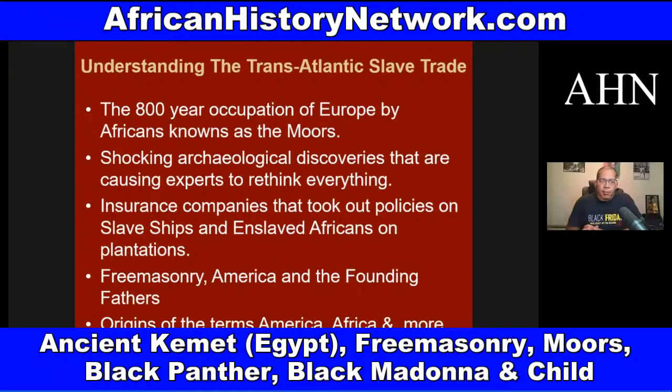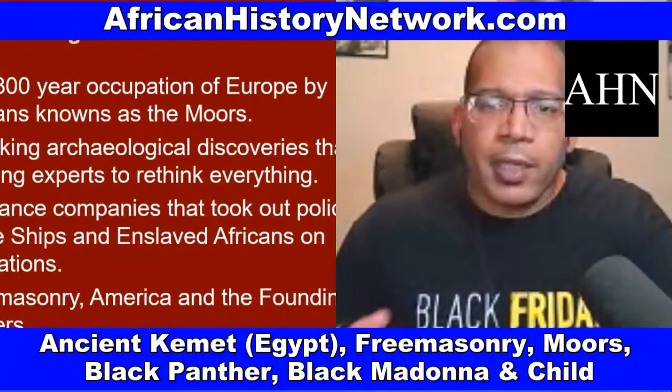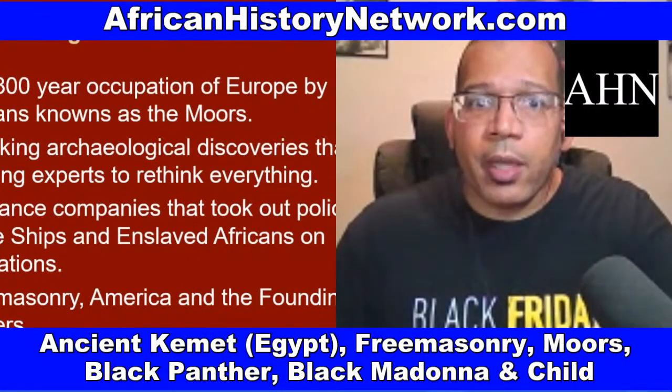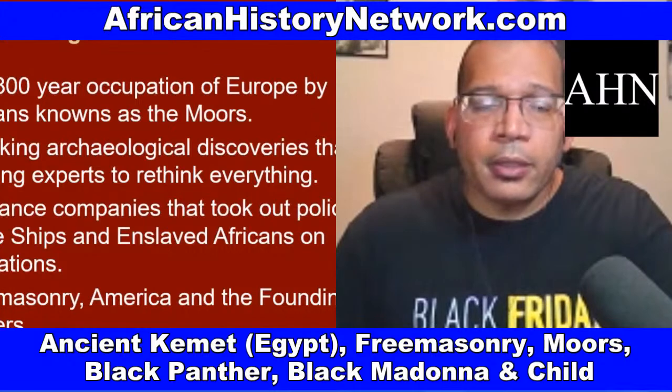We look at insurance companies that took out insurance policies on slave ships and enslaved Africans on the plantations. Most recently, we see the fantastic research from the New York Times, which deals with Haiti and why Haiti is so impoverished.